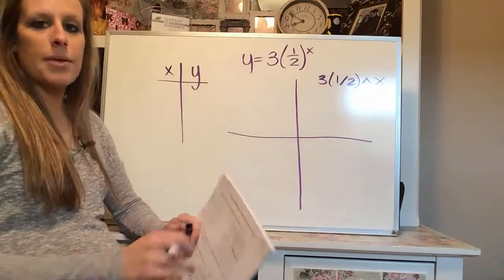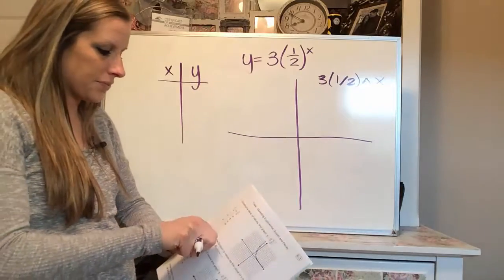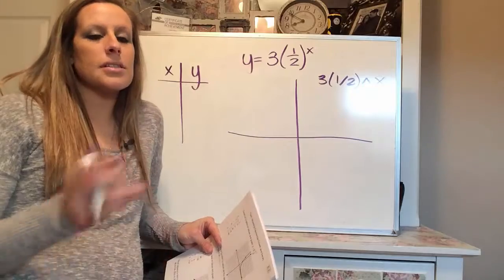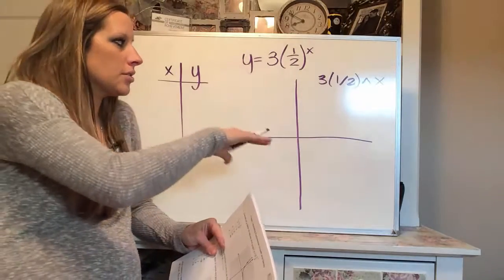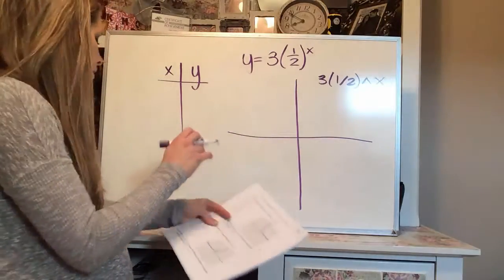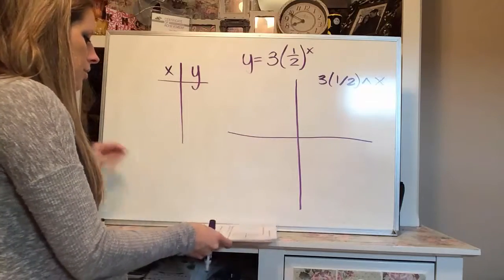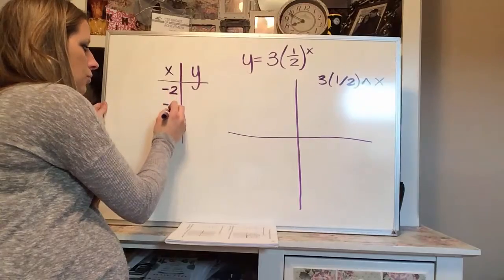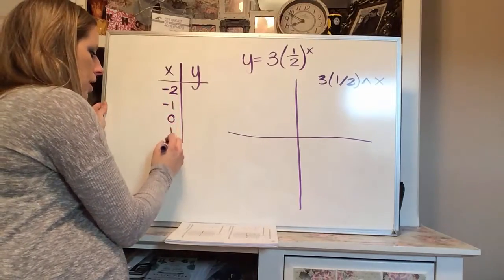Alright, and then go to your table, press second graph, and I want you to find some negative numbers and some positive numbers so we can get a good look at what the curve looks like. So on your table, let's do when x is -2, -1, 0, 1, and 2.